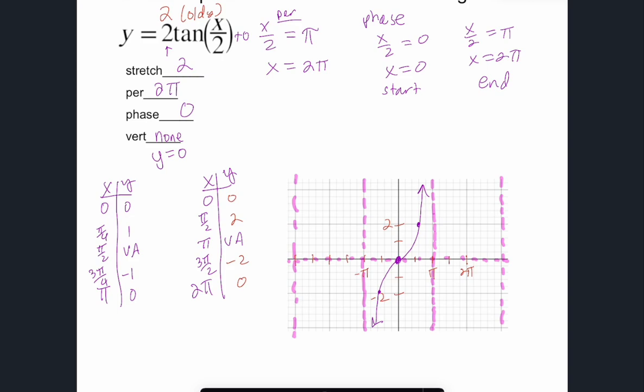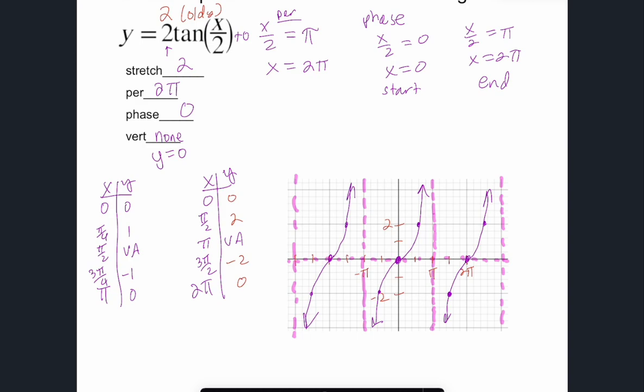So we got a value here of negative 2. So this has to be 0 and then positive 2. Negative 2, 0, and positive 2. If it's below the midline, that's going to be the part of the cubic going down.